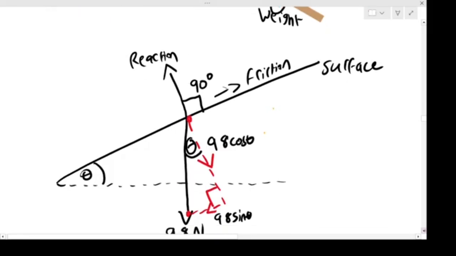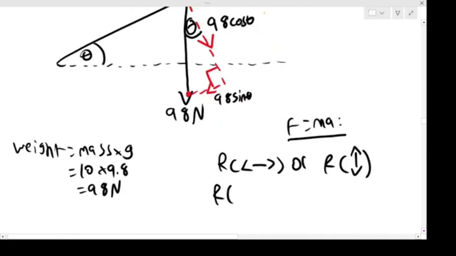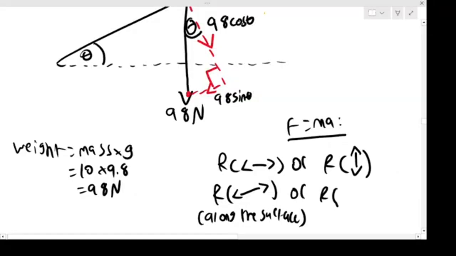So instead of looking up and down and right and left, and this is where the right angle stuff is important, we're going to be looking at resolving, firstly, along the surface. So you can see the arrows are slightly at an angle, right? So we're going to be looking at along the surface, so the forces along the surface, or the forces that are perpendicular to the surface.